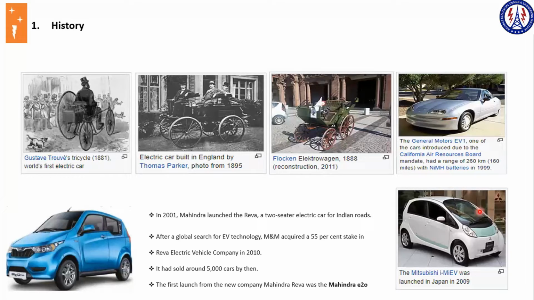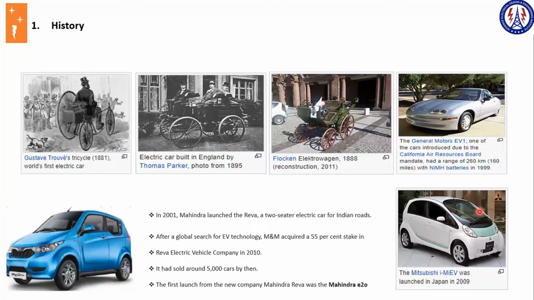Okay. If I look at the Indian market, in 2001 Mahindra, one of the largest organizations in India, invented the first electric vehicle in India, and it was launched in 2001. The name is Reva, this company. Reva was a small 2-seater electric vehicle.